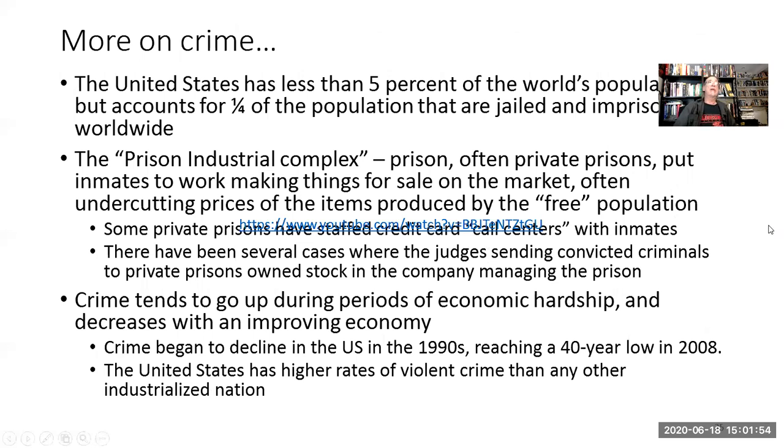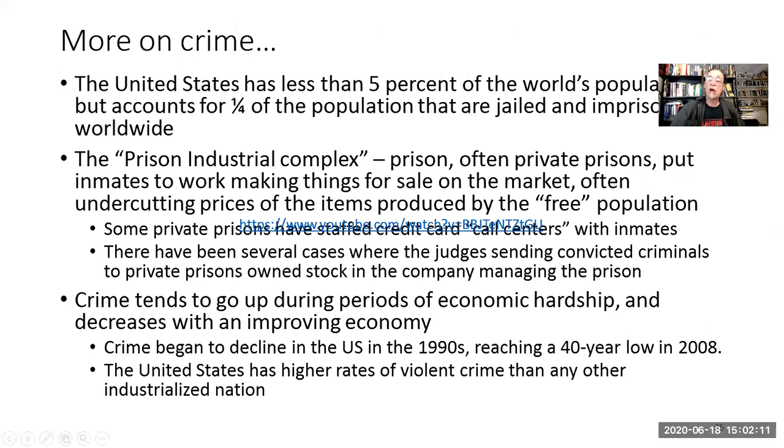Some statistics about crime, or about incarceration, really. The United States has less than 5% of the world's population, but a quarter of the people that are in prisons are in the United States.